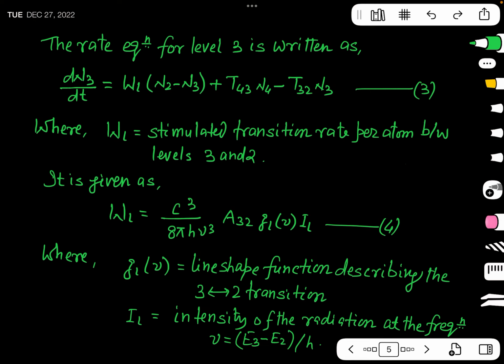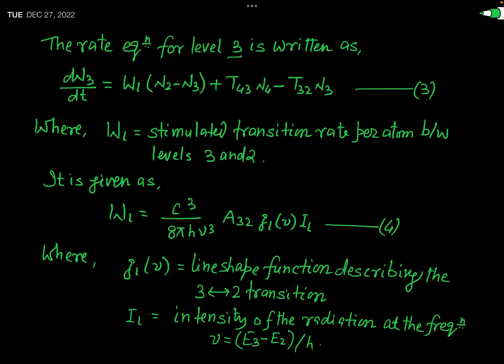Now, in a similar manner, you can write the rate equation for level 3. The rate equation for level 3 can be written as dN3 by dt equal to WL into N2 minus N3, plus T43 N4 minus T32 N3. This WL represents the stimulated transition rate per atom between level 3 and 2.